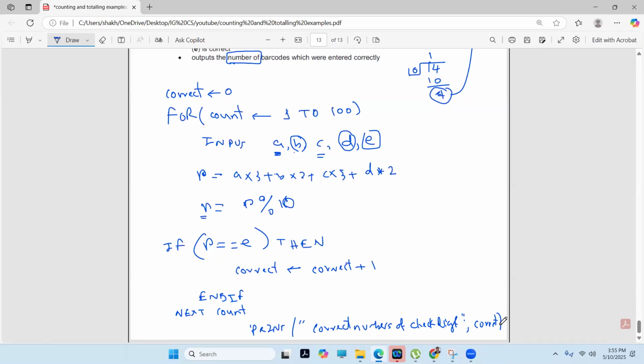So that's the end of our counting and totaling lesson. With the help of another example, I will just show you how to do counting and totaling together. Then we will end our counting and totaling lesson.